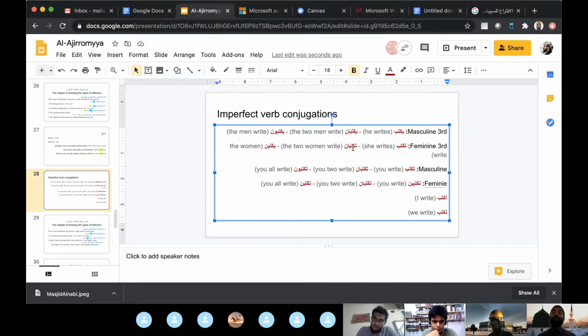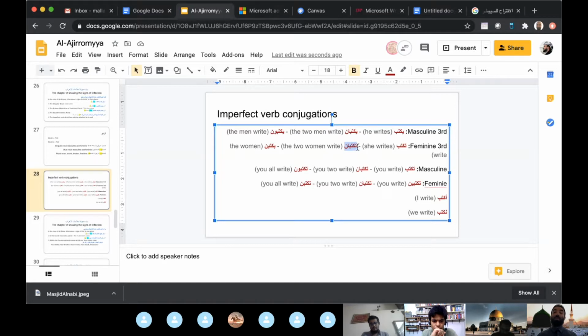And taktubani here is for the dual, and for the dual, again, the only difference that you see between the masculine and the feminine is that you have a ta here, right? But everything else remains the same.